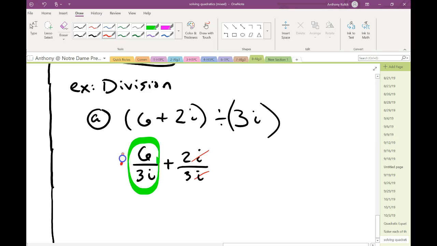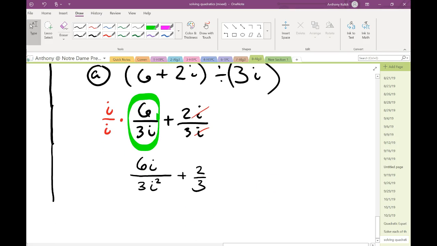So the way to do that is going to be simple. We can just multiply this fraction by i over i. Why is that going to work? Let's see what happens. So we're going to end up with 6i in the numerator, and then 3i squared in the denominator. And I'm still going to have that 2/3 there at the end.